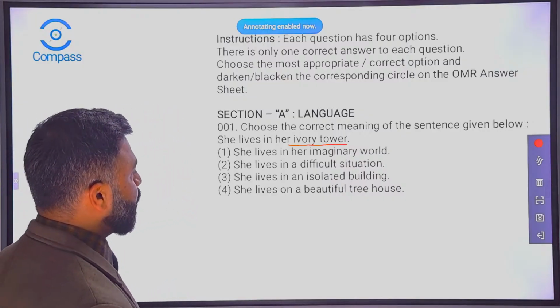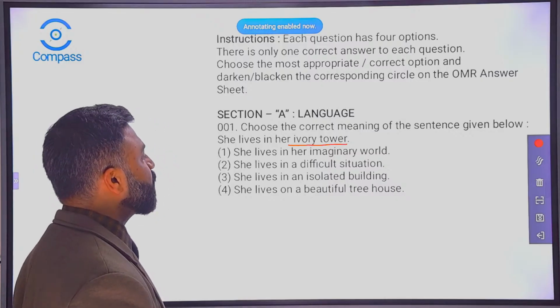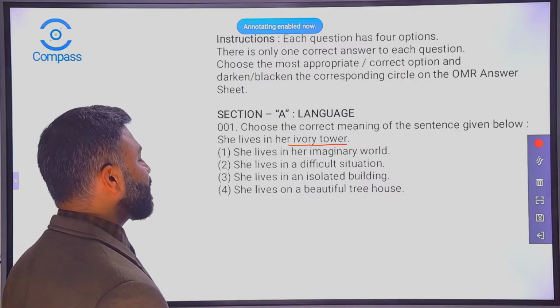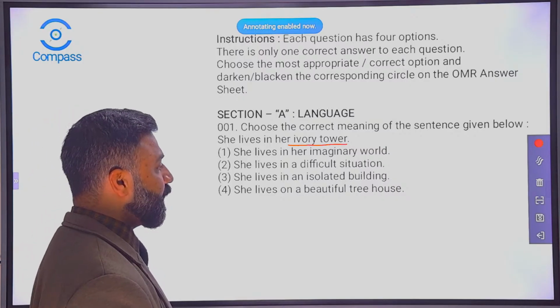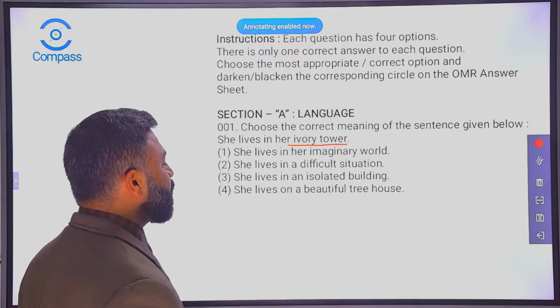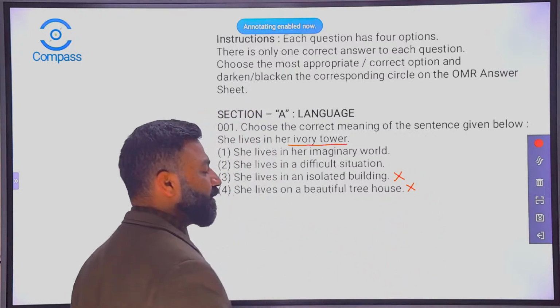Option number 1, she lives in her imaginary world. She lives in a difficult situation. She lives in an isolated building. She lives in a beautiful tree house. So these two options are irrelevant, I would say.